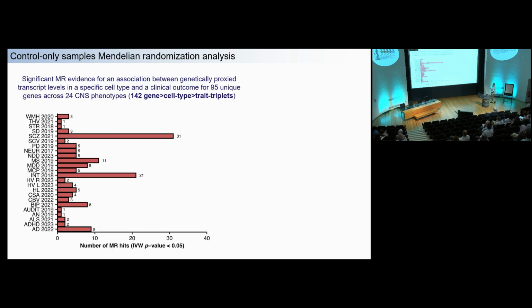And so in total, we identified significant MR evidence for an association between genetically proxied transcript levels in single cell types and a clinical outcome for 95 genes across 24 CNS traits. And these represent 142 gene cell type trait triplets.